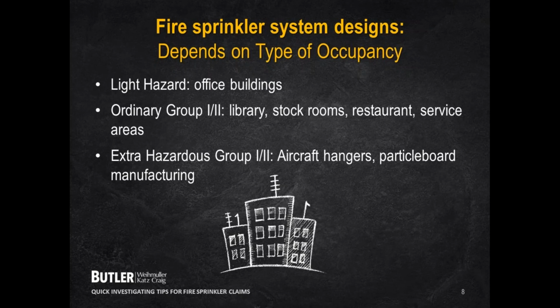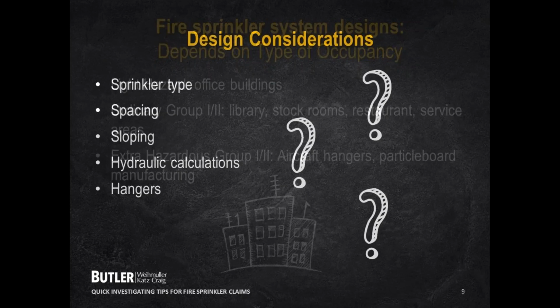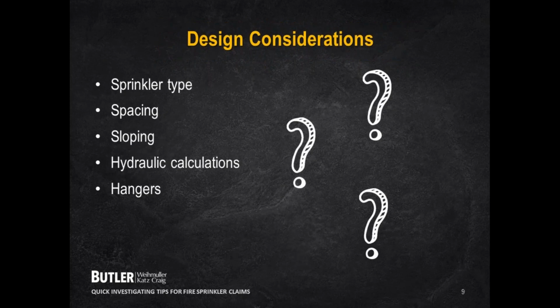They would have different types of fire sprinkler designs than an extra hazardous group like an aircraft hangar and particle board manufacturing, because these different types of buildings are going to have different needs if there is a fire in those properties. So what are the different types of designs?